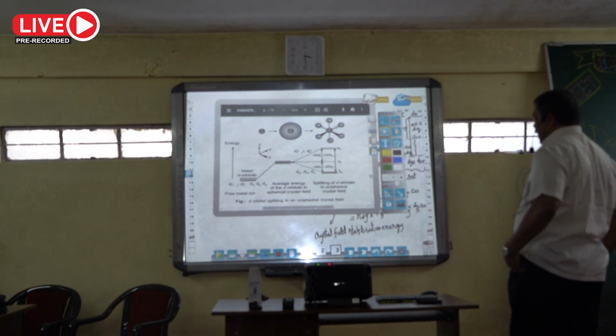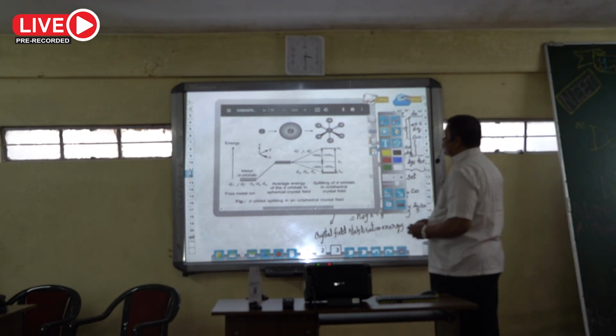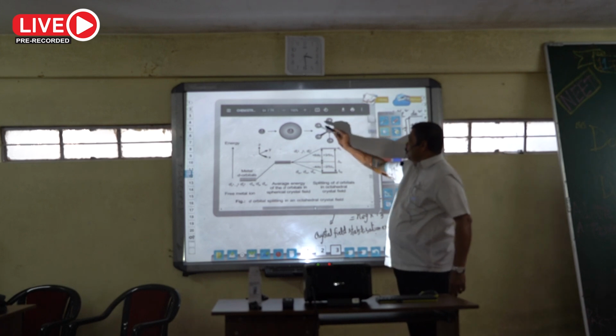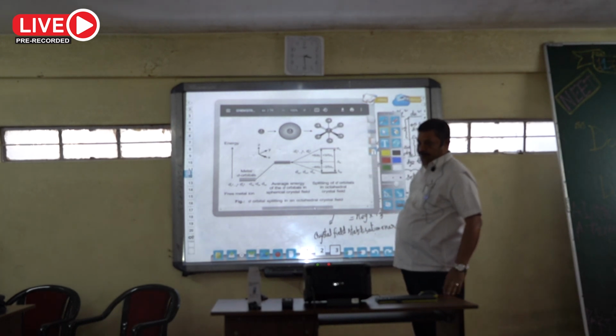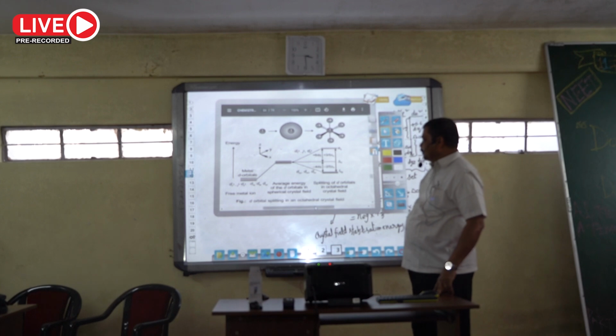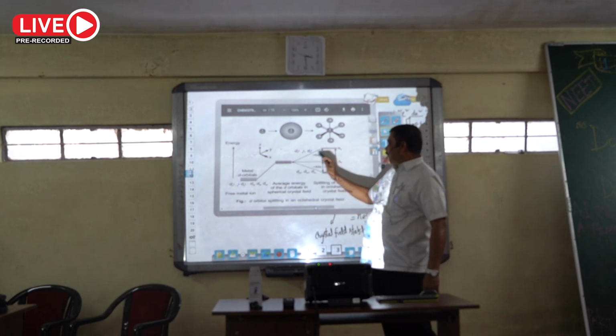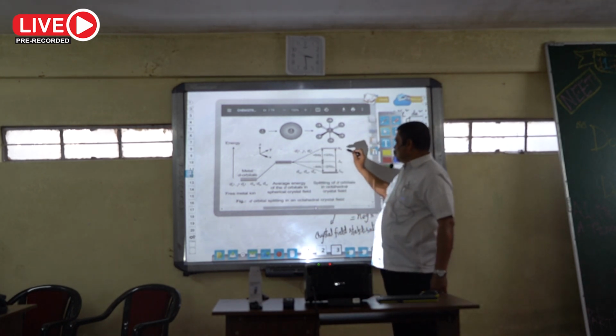So when 6 ligands, 1, 2, 3, 4, 5, 6, L means ligand, central metal M, are approaching, the 5 d orbitals are splitting into two.